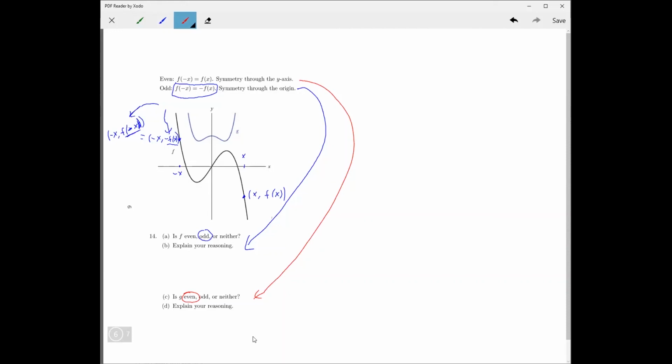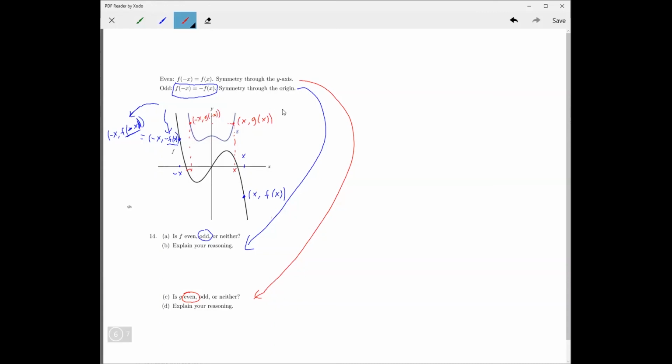And here, if you take a point on g and you go horizontally to the y-axis, continue on through, you get this other point here. Okay, but this coordinate here, let's say that's x. So this is going to be x, comma, g of x, because that's how you qualify to be on the line. And then this is going to be negative x right here. So this is negative x, comma, g of negative x.